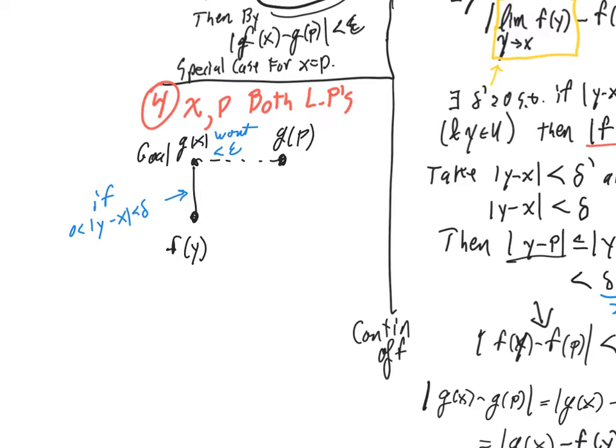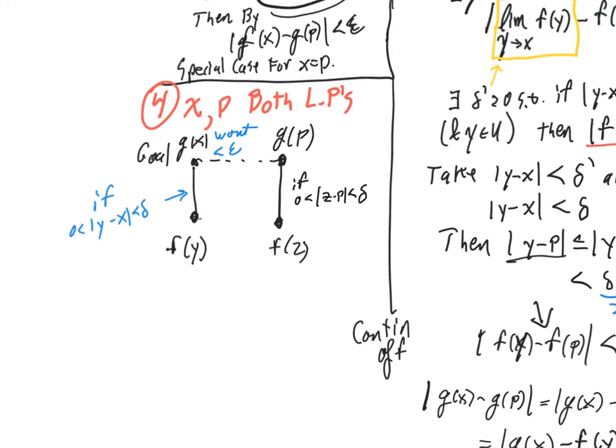Similarly, I won't use y, but maybe I'll use z: f of z, that distance will be small, if 0 is less than the absolute value of z minus p is less than some delta that we'll get to pick.